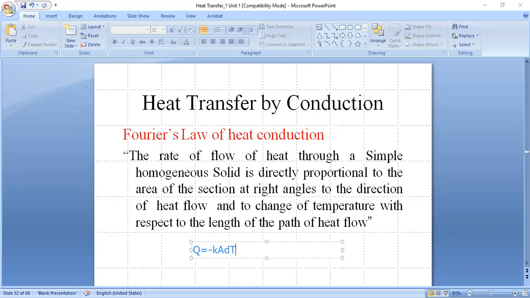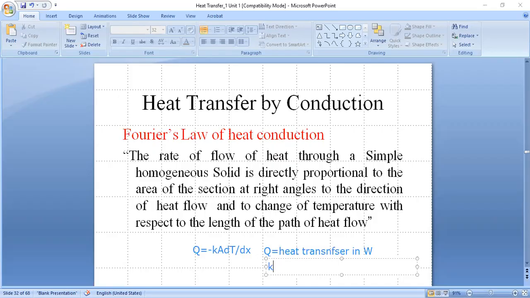What is meant by minus K A dT by dx? Q is the heat transfer, in watts.